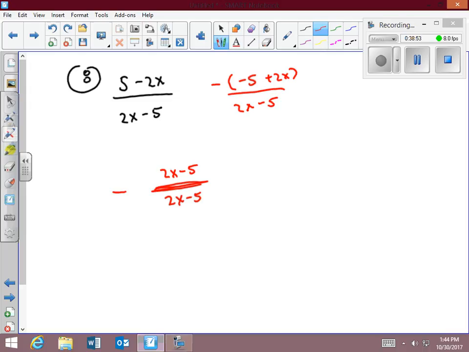Now then, you have two identical expressions over top of each other, and this cancels with that. And what do you have left? Minus 1.